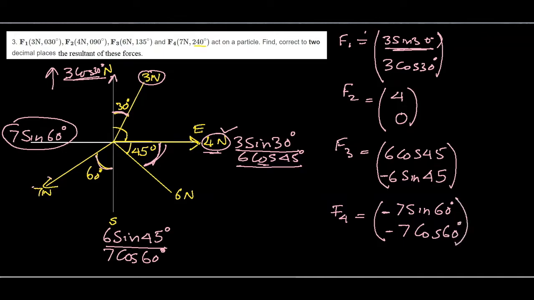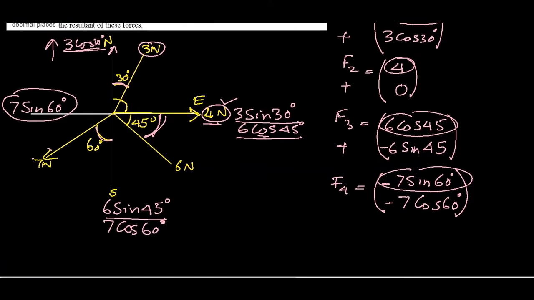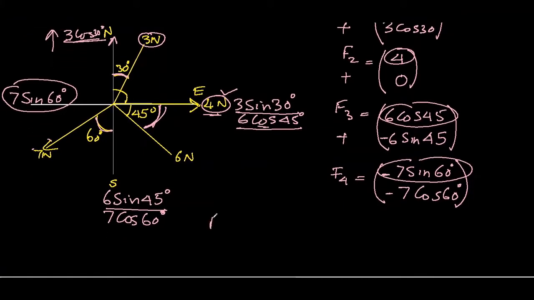Now the question is, find the resultant of these forces. So basically we'll just add F1 plus F2 plus F3 plus F4. We'll add the x components and y components separately. Let's do it.